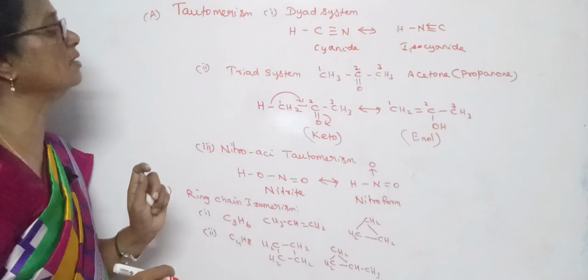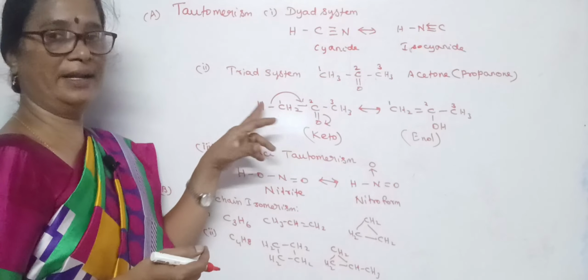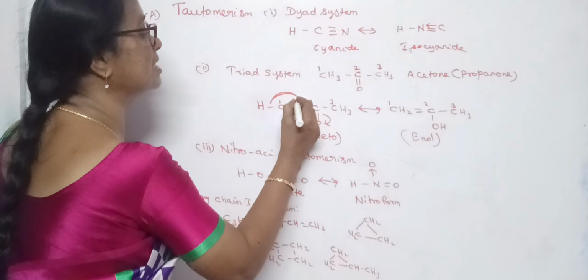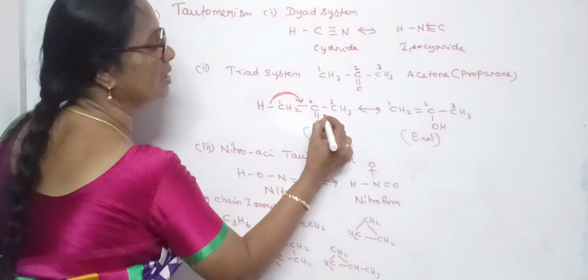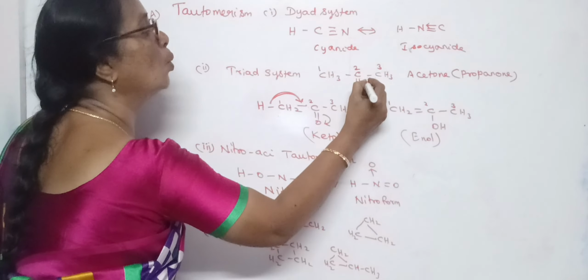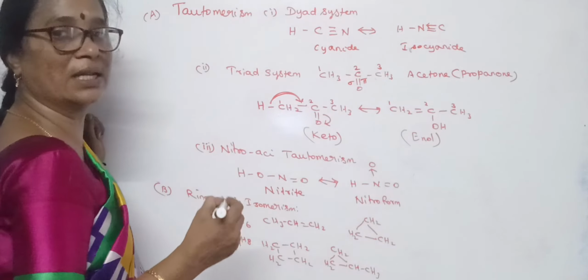So let us take this one. I am going to take the hydrogen from the first carbon. It moves towards the second carbon, and in turn oxygen withdraws its pi bond. A carbon-oxygen double bond has one pi bond and one sigma bond.